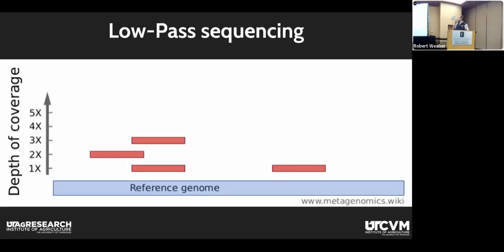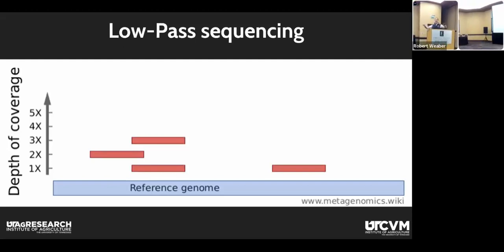So then moving into low-pass sequencing, the difference between low-pass sequencing and normal sequencing is that you do less sequencing with low-pass. There's really not a core difference other than the number of reads that we're utilizing on a single sample. Generally, when we talk about low-pass, it's anywhere from the low end of 0.1x to the higher end of maybe 1x coverage, so an average coverage of 1 across the genome.